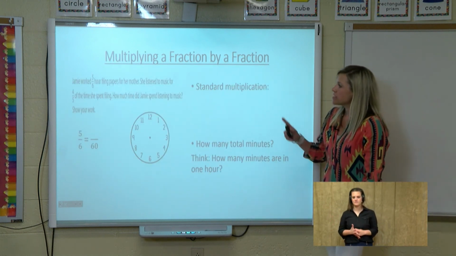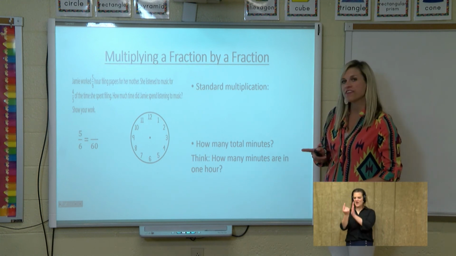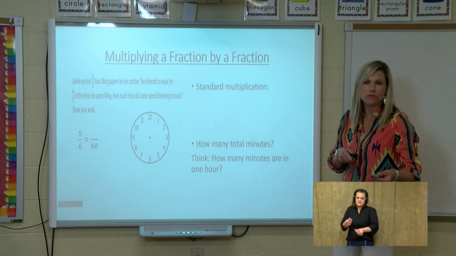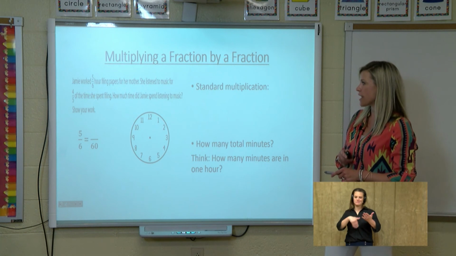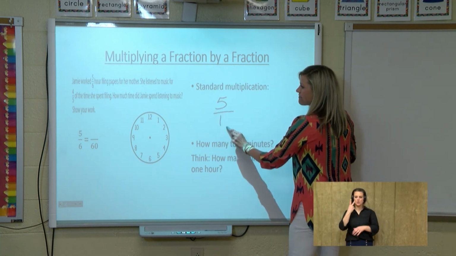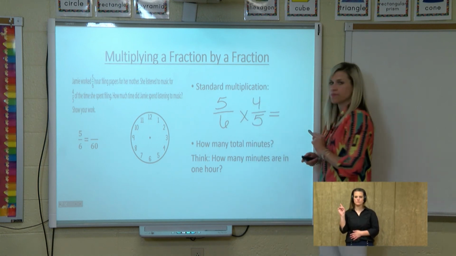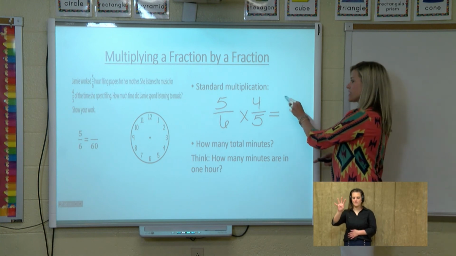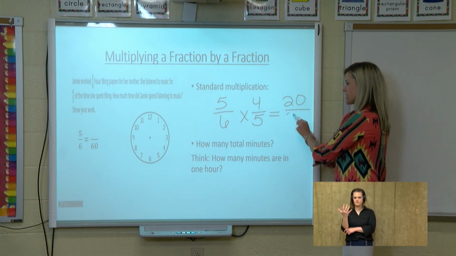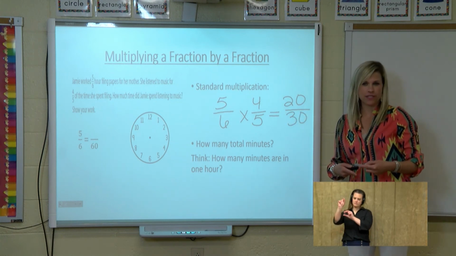All right, take a look at this one. It says 5/6 of an hour, and 4/5 of that time was spent doing something else, okay? And I'm not going to read the entire part because I'm starting to run out of time. If we did standard multiplication, we could say 5/6 times 4/5. 5 times 4 is 20. 6 times 5 is 30. 20/30.